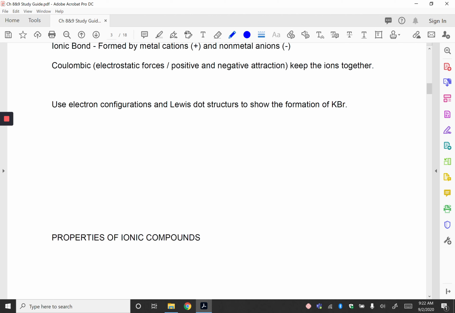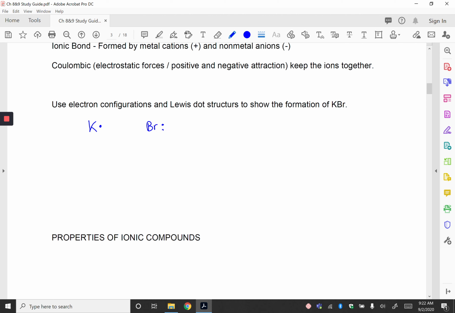So let's take a look at an example of an ionic substance like KBr. And if I want to look at the Lewis dot structure to show what is happening and why it's happening when the potassium and the bromine bond, I can start with potassium. The Lewis dot structure is like this because potassium has one valence electron.